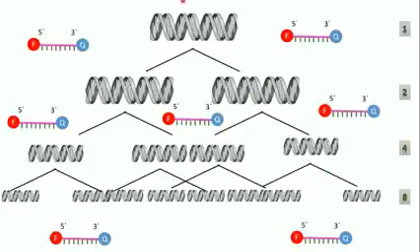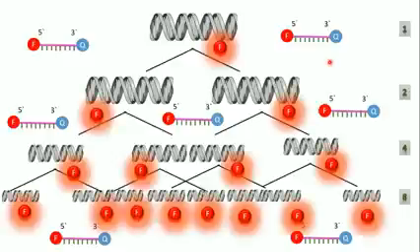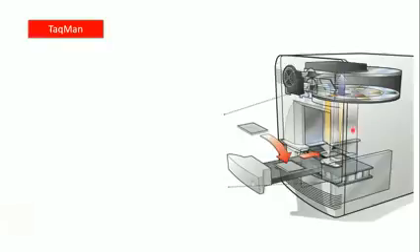So at first, let's say we will get a little bit of fluorescence, then we will get more and more fluorescence, and this is what can be detected by the spectrofluorometer we'll see in here.